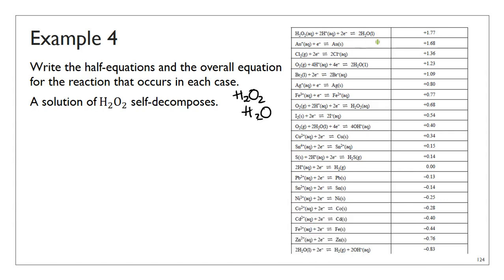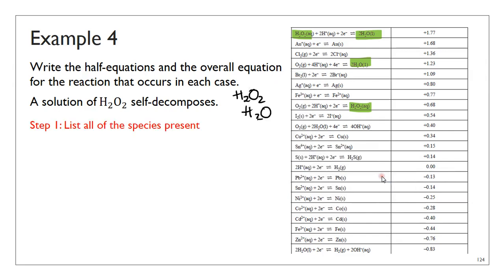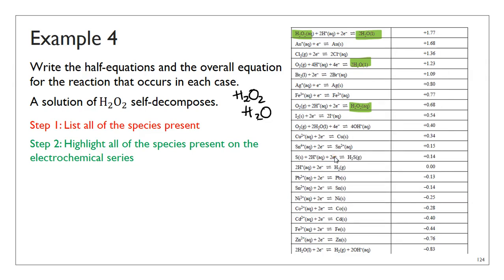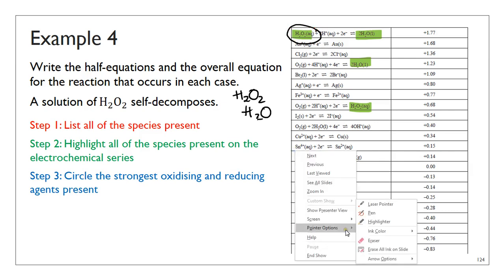So let's just find water. So there's water, and this is your hydrogen peroxide, and this is hydrogen peroxide. So hydrogen peroxide is very interesting because it can form a spontaneous reaction with itself, and I think you can see that when you highlight and look at the positions of everything, because of the strongest oxidizing agent and the strongest reducing agent present here.